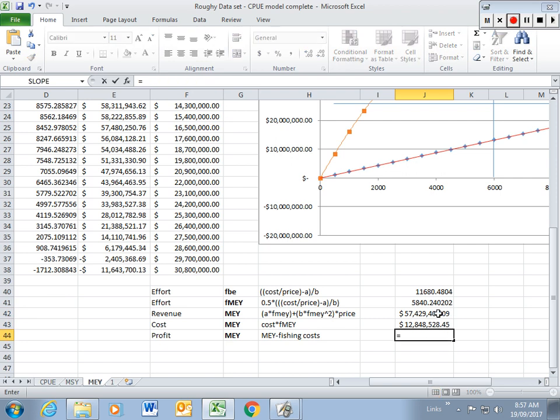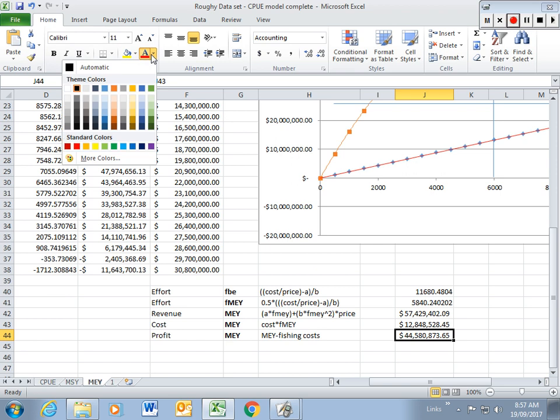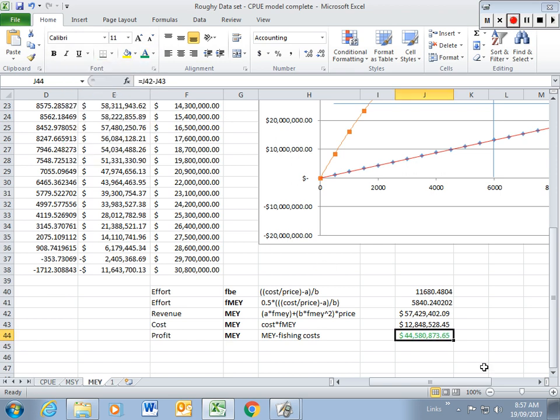It's the easiest one of the whole lot, equals this minus this, press enter. So that there is our bottom line, I guess you would say, of $44,580,873 in complete profit for the fishery itself.